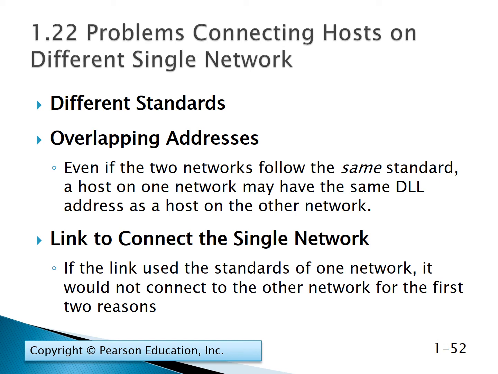There can be overlapping addresses, and then there will be ambiguity, and the network devices will be very confused, right? And if the link uses the standard of one network, it will not connect to the other network for the first two reasons. So basically, it's difficult or nearly impossible for hosts on different networks to talk to each other.